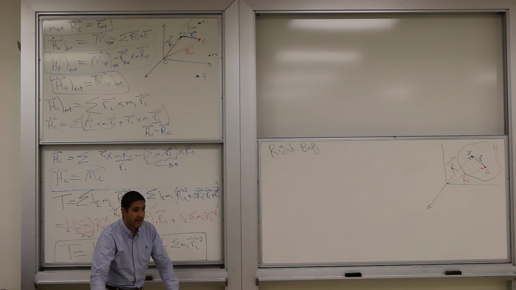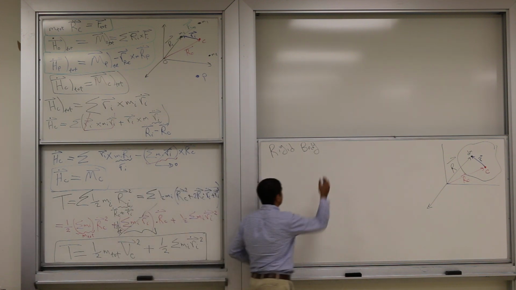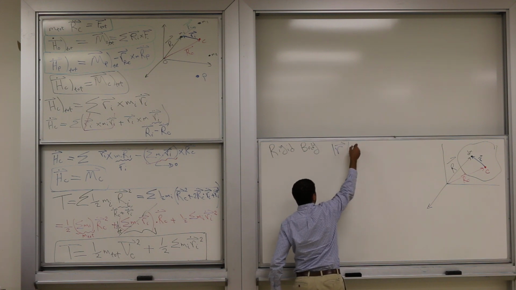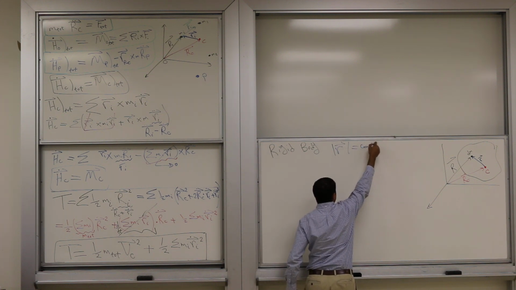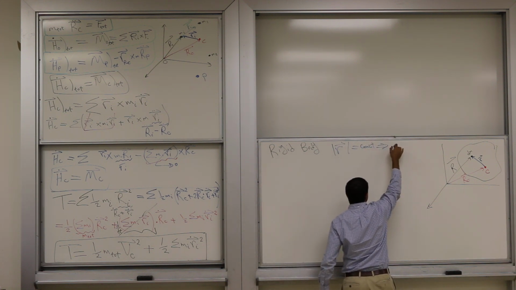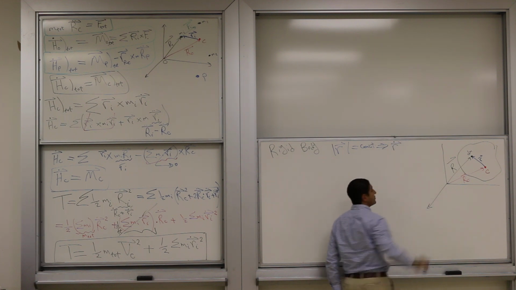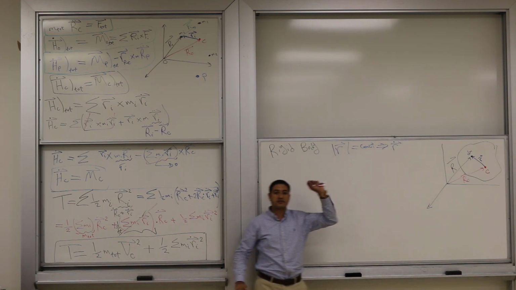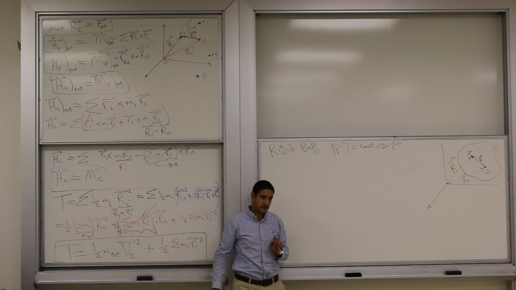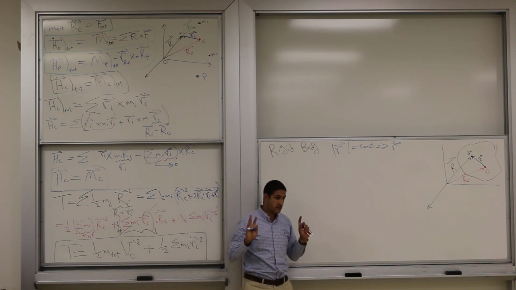Which means that the length of this relative position vector is what? It's constant. Very good. So if I am looking for its time rate of change, the dot is with respect to what axis? Inertial axis.